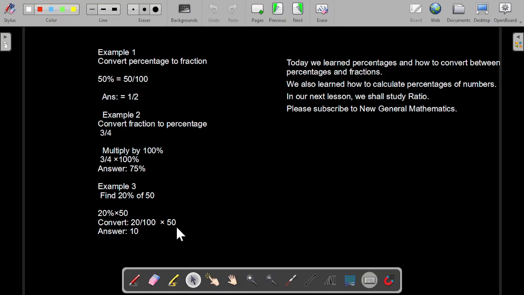How did it happen? As I always said, this 50 has an invisible 1 under it. You have 20 upon 100 multiplied by 50 upon 1. So if you multiply them, then 20 times 50 will give you 1000, upon 100 times 1, which is 100. 1000 divided by 100 definitely will give you 10.